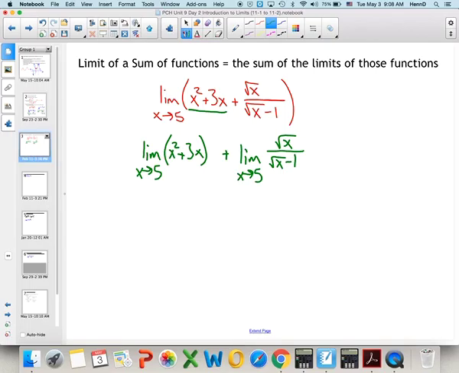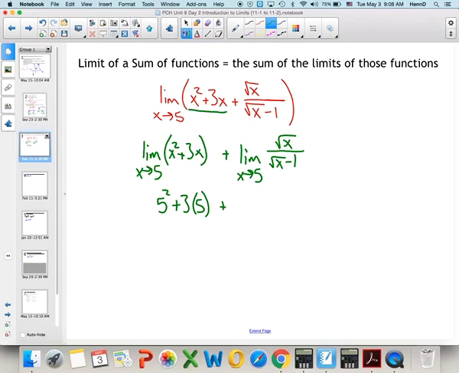Something like this, we would have to think about it. First of all, this is a polynomial, so I could just do 5 squared plus 3 times 5. That's done. Then we have to look at this and consider a rule. Is this continuous around 5? Well, what's our domain for this function right here?